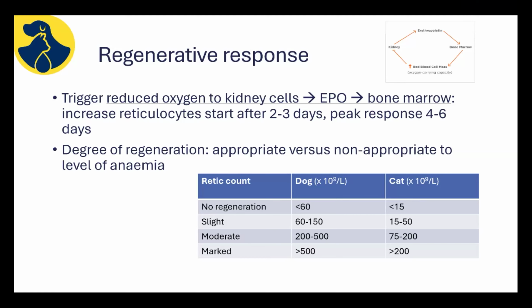What you then want to look at is how good that regenerative response is. Again, I've put some numbers there to give you an idea. If you have a severe anemia, once you reach the peak of your response, you should have a marked response there as well, because it could still be inappropriate. There might be some response and some increase of reticulocytes, but depending on what the body should be doing, that might still be inappropriate.